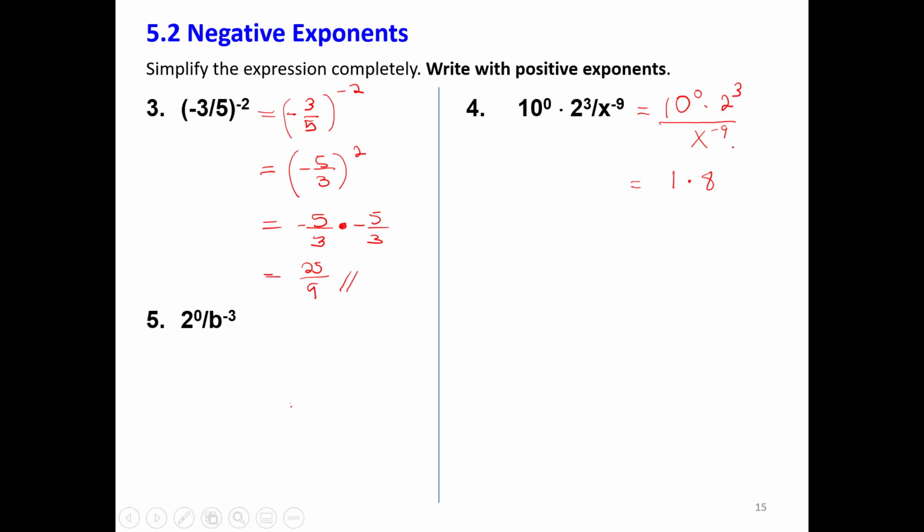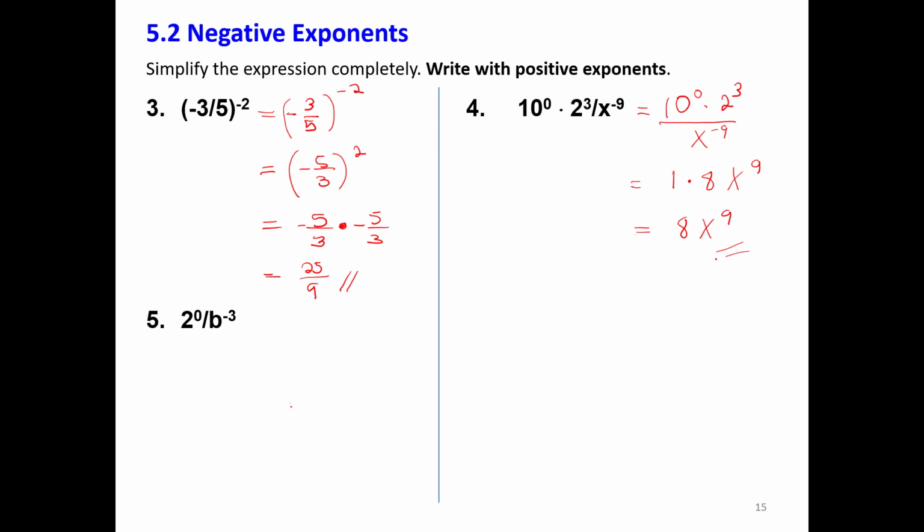Then x to the minus 9. We don't want negative exponents in the answer. We just want positive. Then what to do? Move to the top. It's in the denominator, move to the top. Finally, we have 8x to the 9th power. Yes, this is the answer.